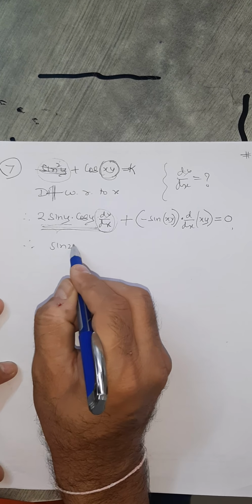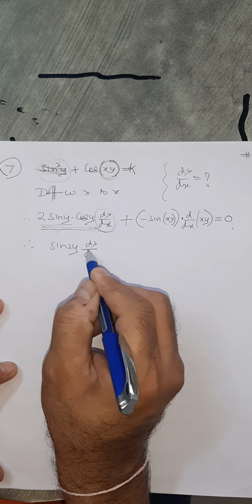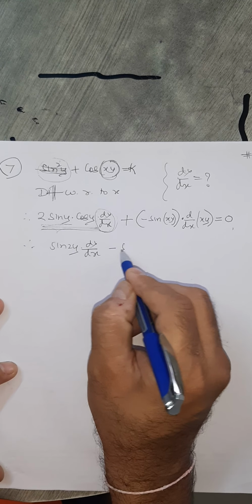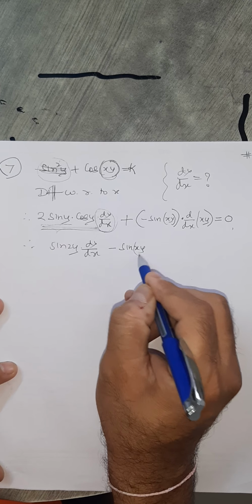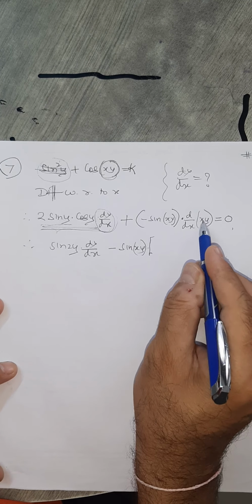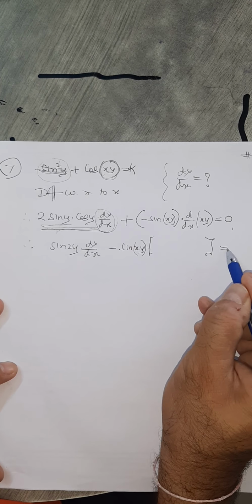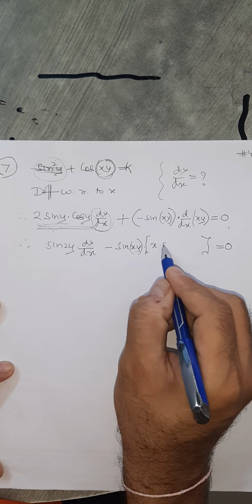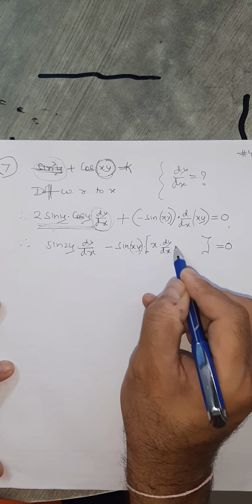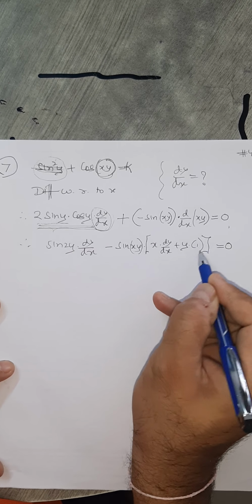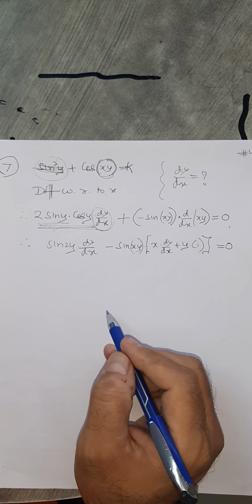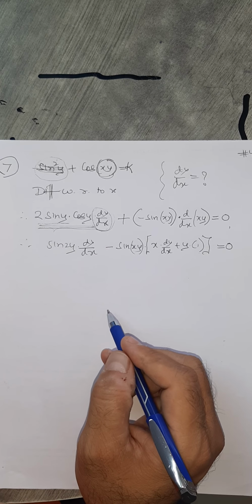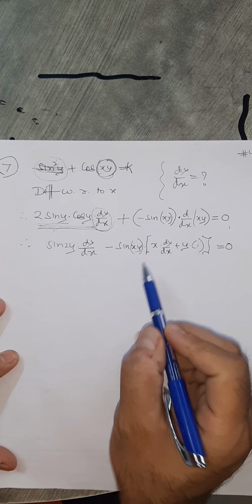This is sine 2y into dy by dx minus sine of xy. Here you have a product of two functions, so you need to use the product rule, remember. x as it is, what's the derivative of y? dy by dx, plus y as it is, what's the derivative of x with respect to x? It is 1, remember. So differentiation is over. What is the important step here?